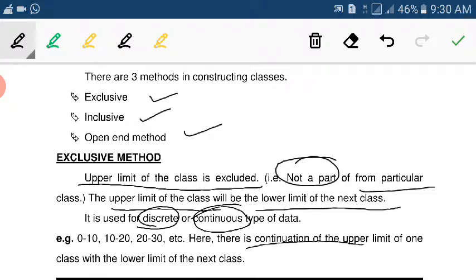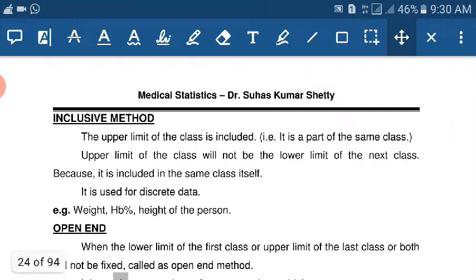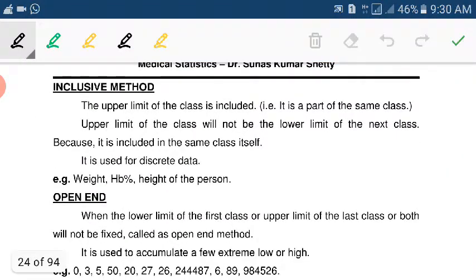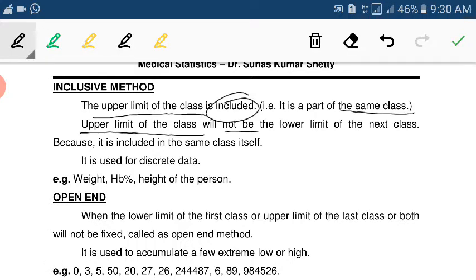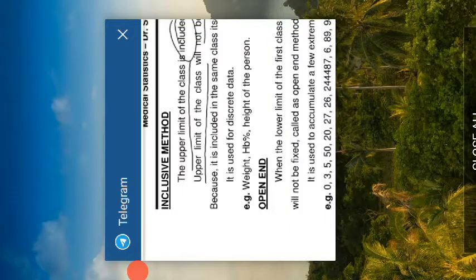Here the upper limit of one class continues as the lower limit of the next class. Inclusive method: the upper limit of the class is included, that is, it is part of the same class. The upper limit of the class will not be the lower limit of the next class because it is included in the same class.